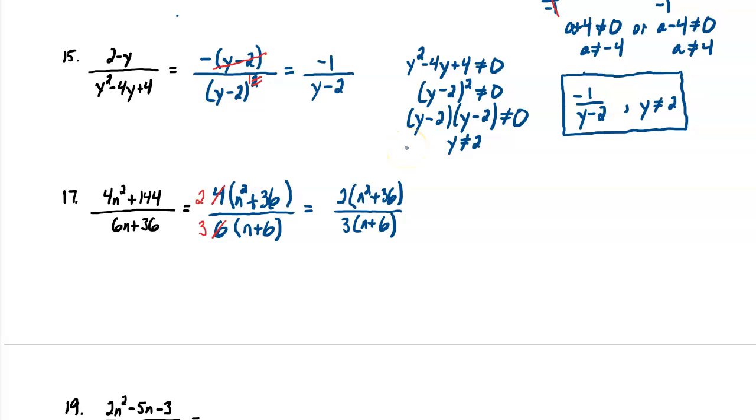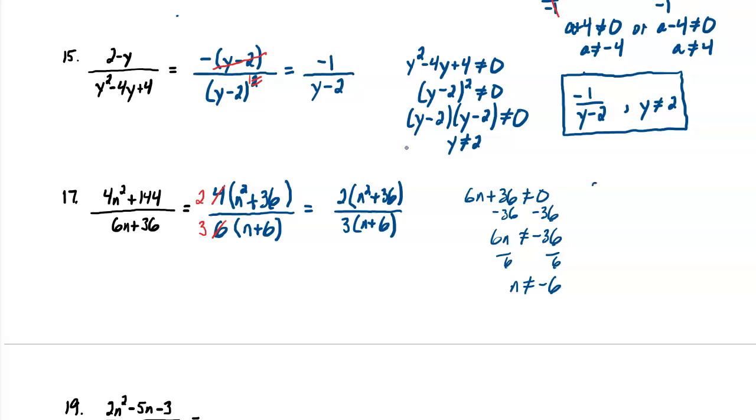All right, now the restriction. Go back to the original denominator, the 6n plus 36, and indicate that that cannot be equal to 0. And now solve this expression. You could subtract 36 from both sides, getting 6n cannot be equal to negative 36, and then divide both sides by 6, finding out that n cannot be equal to negative 6.